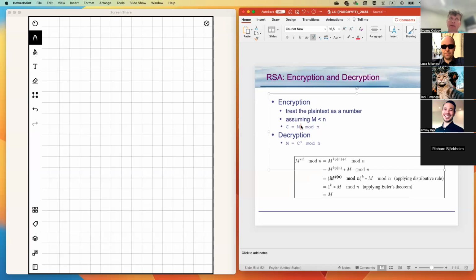To decrypt the message, you use exactly the same operation, but using different numbers. We use the same modulus and a different exponent. So the whole strength of this algorithm is in the choice of these three numbers. They are very tightly interrelated with each other.